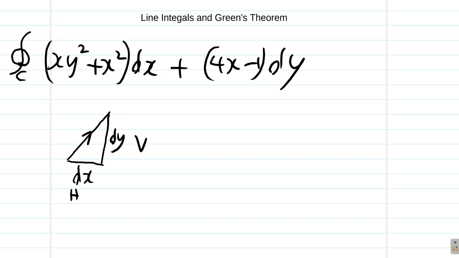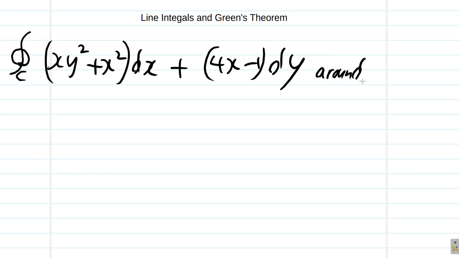Now you need the region. What's the region? You could be given the region something like this: around the region formed by x greater than or equal to -3, less than or equal to 0, and y greater than or equal to 0, less than or equal to some formula, whatever it is.